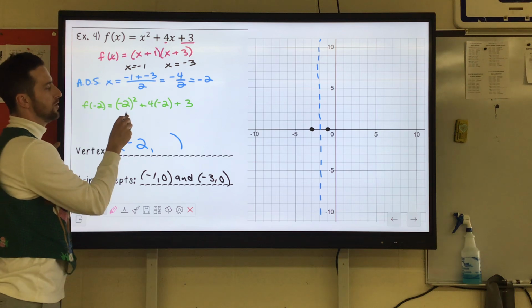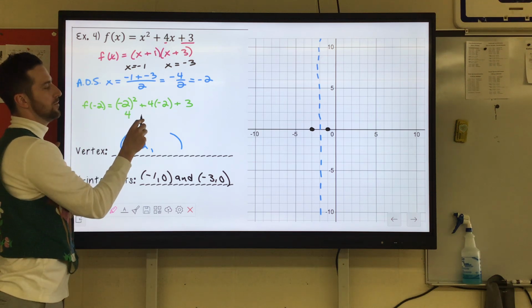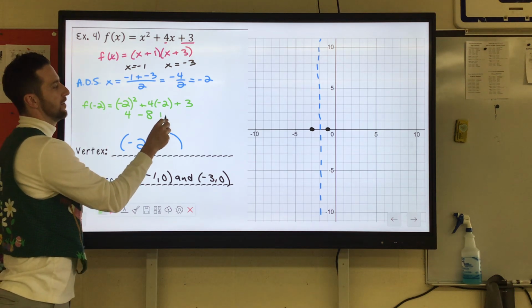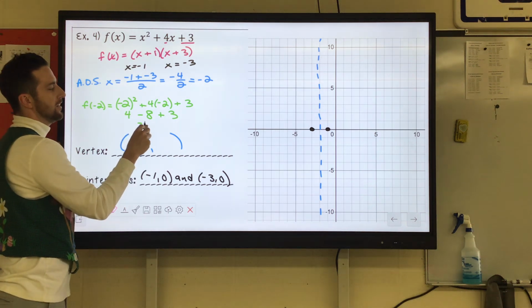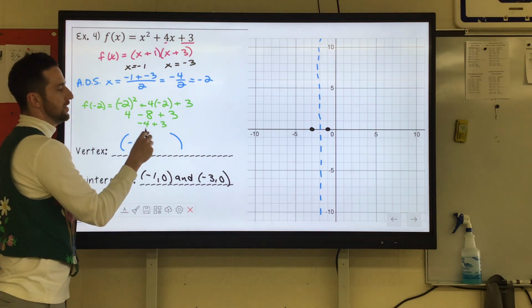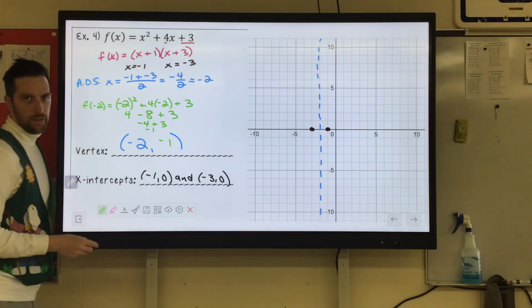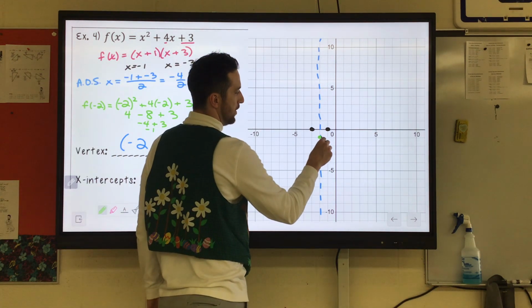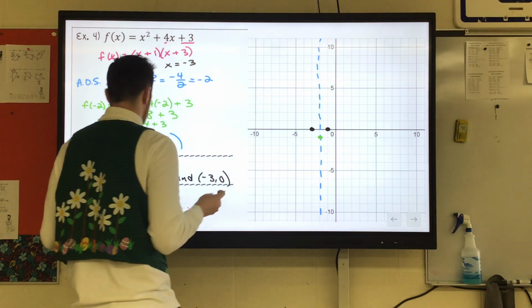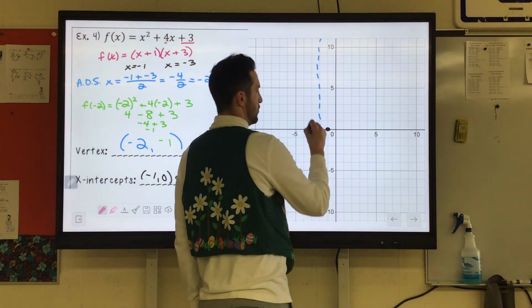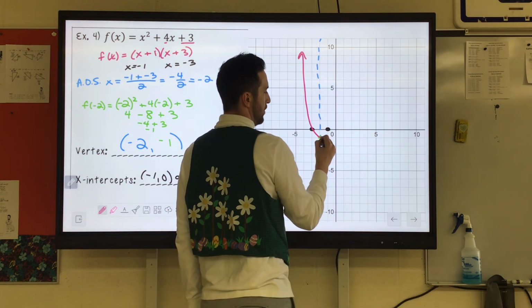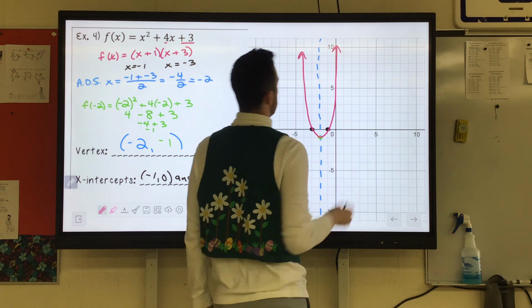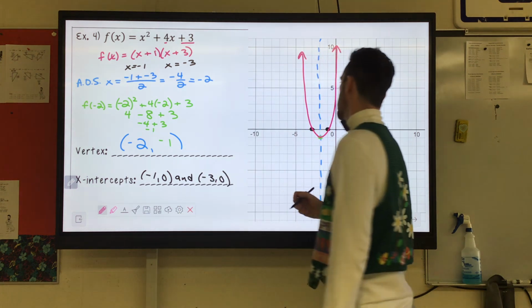So negative 2 squared is positive 4. 4 times negative 2 is negative 8. 4 minus 8 is negative 4, plus 3 is negative 1. That becomes the y-coordinate of our vertex. Negative 2, negative 1. We're ready to draw our parabola, baby! Draw your parabola, draw your parabola. Look at us having fun.